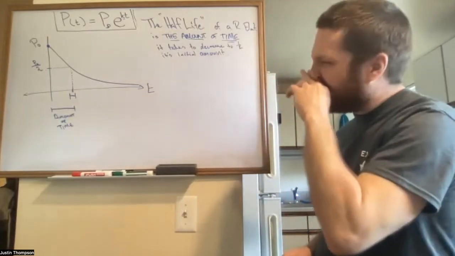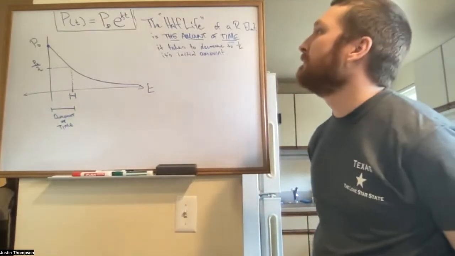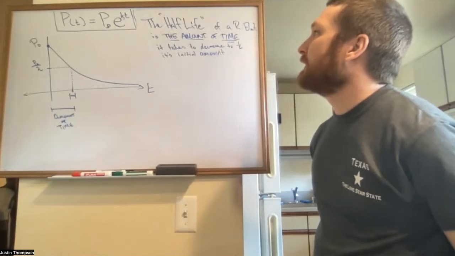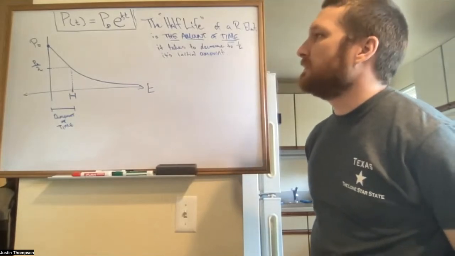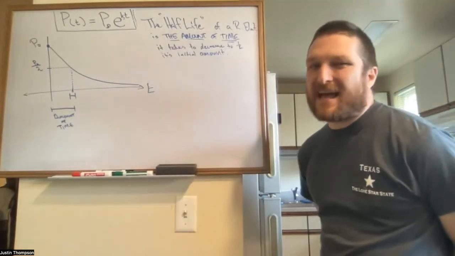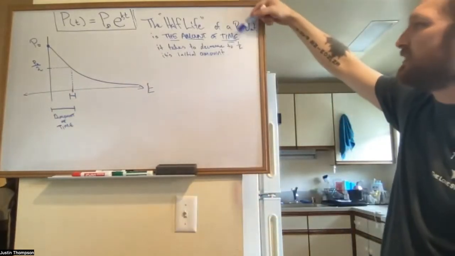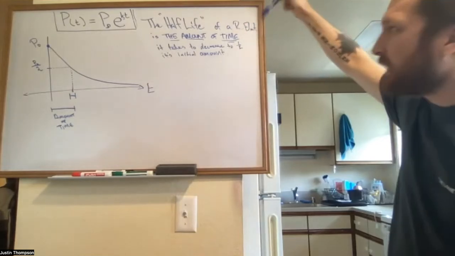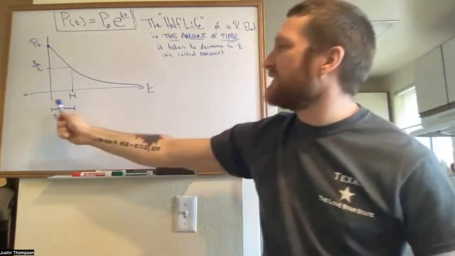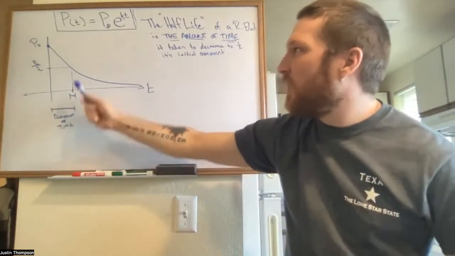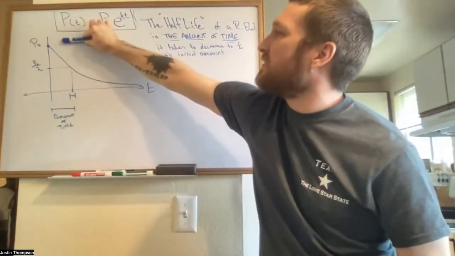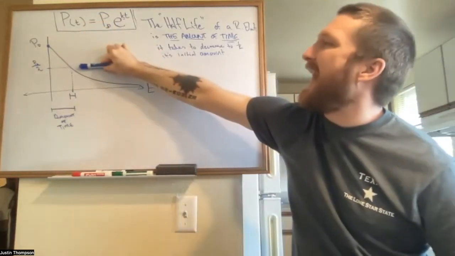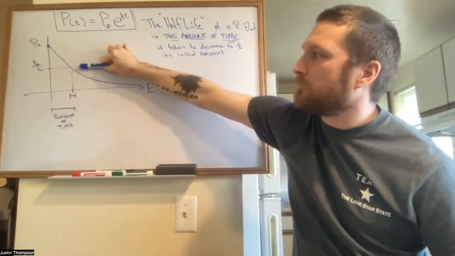It's the amount of time it takes. So the half-life of a radioactive element is the amount of time it takes for it to decrease to 1/2 of its initial amount.